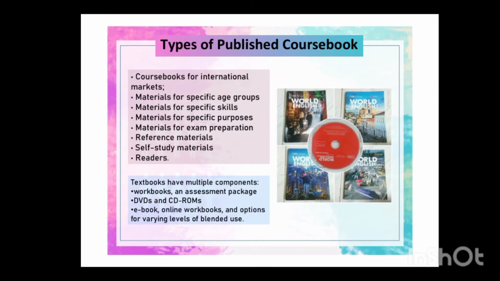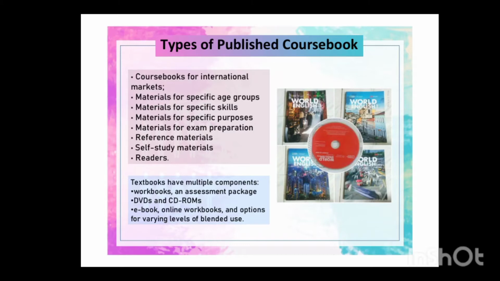And then there are published coursebooks whose materials are designed for a specific age group, like young learners or adults, and then for specific skills. So some textbooks have all 4 skills in them, but other textbooks may have only one skill, like textbooks for reading or textbooks for listening.